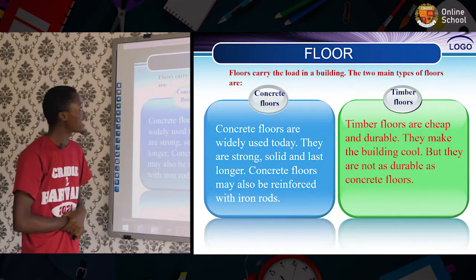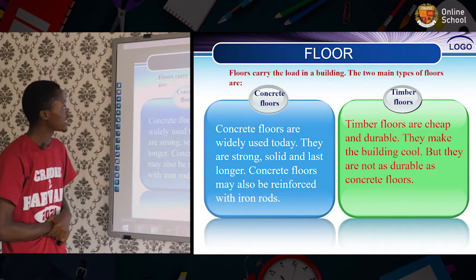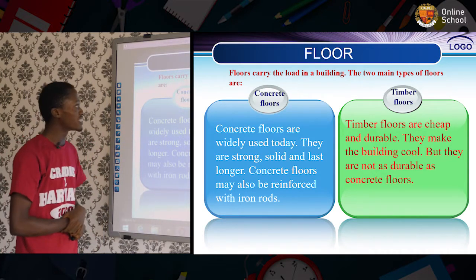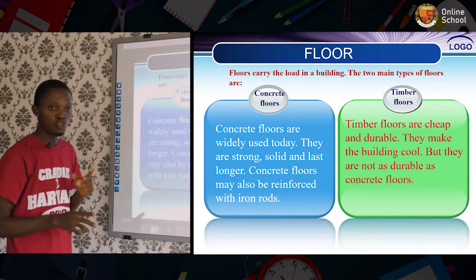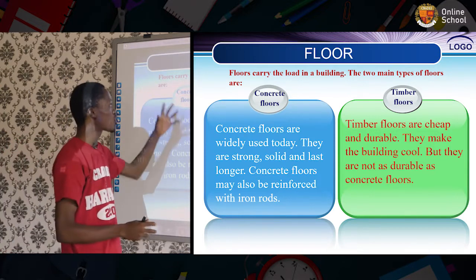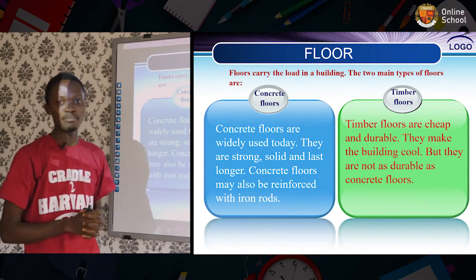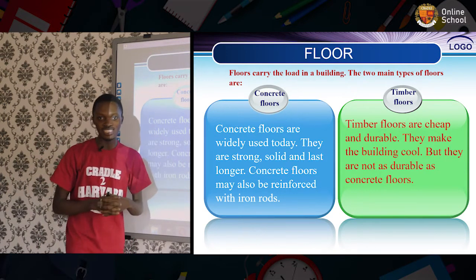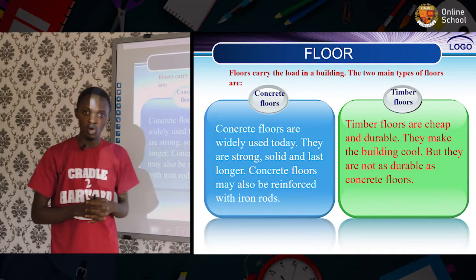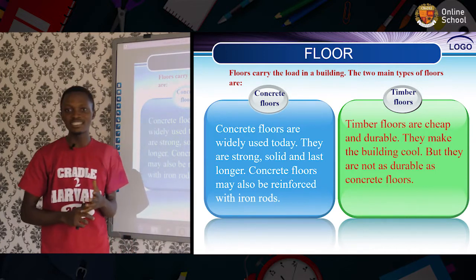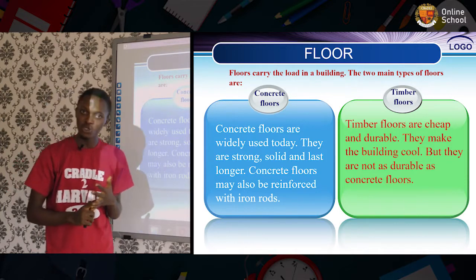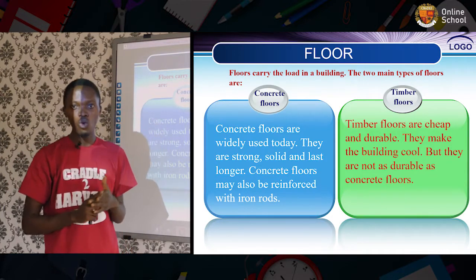We're going to consider another topic, which is floor. Floors carry the load in a building. 2 main types of floors are concrete floors and timber floors. Permit me to refer you to your JSS 1 when you were taught concrete. You know concrete is a combination of cement, gravel, sand, and water.